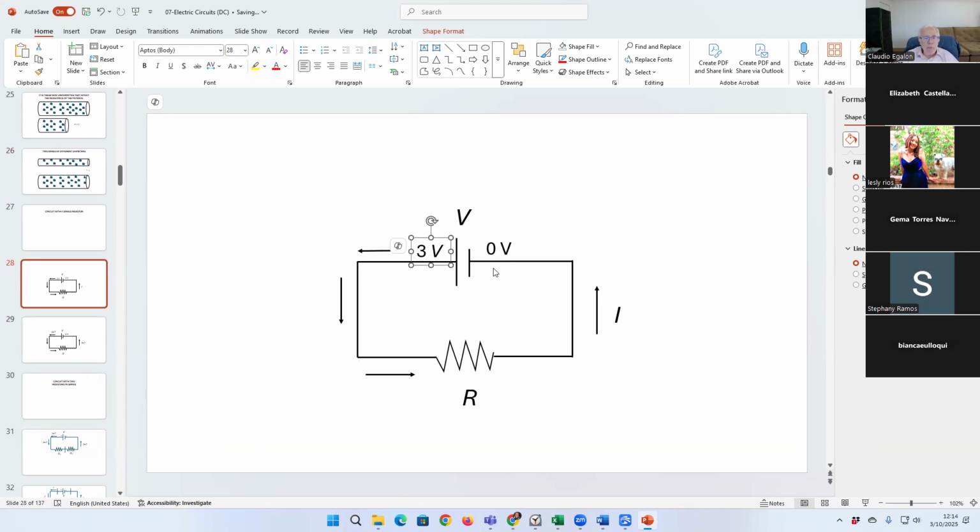Here you have the two batteries that are represented by this symbol that you see right in here. And here we have the filament. Then we have the current flowing counterclockwise.